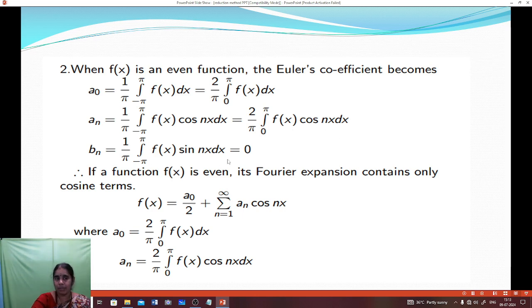And our bn becomes 0, since minus pi to plus pi f of x sin nx equals 0. For an even function, calculate a0 and an. For that case, Fourier's expansion is nothing but a0 by 2 plus summation of an cos nx, in which a0 takes the value 2 by pi integral of f of x, and an takes the value 2 by pi into integral of f of x into cos nx dx.